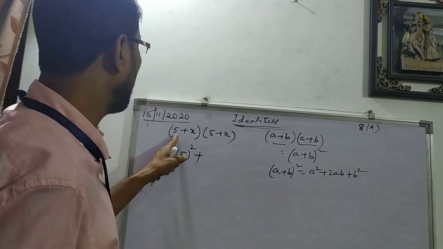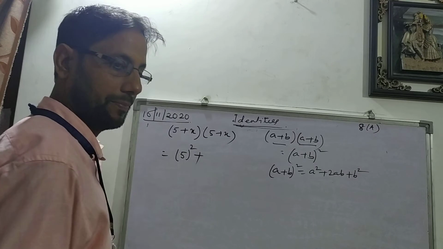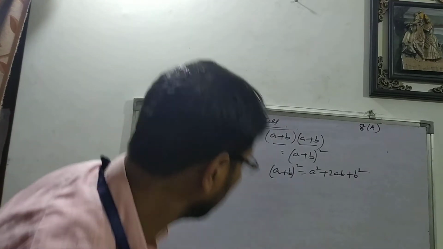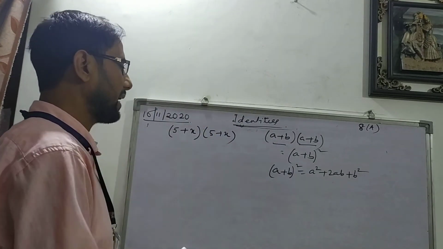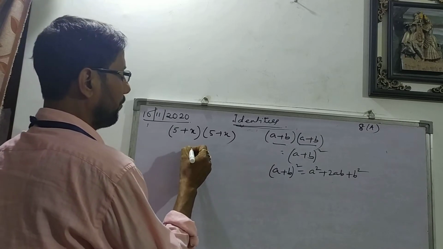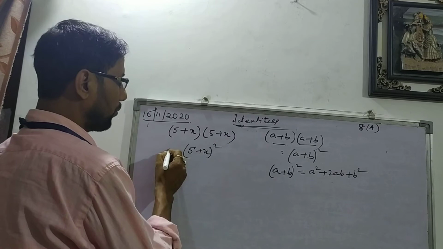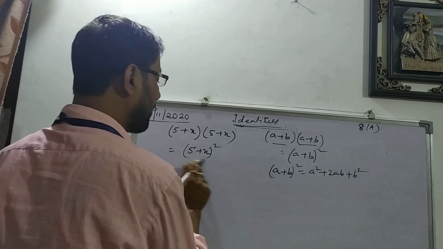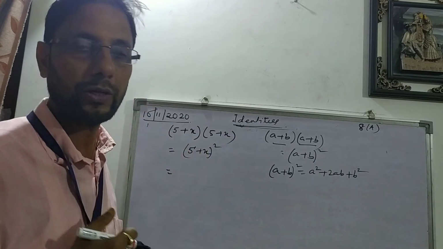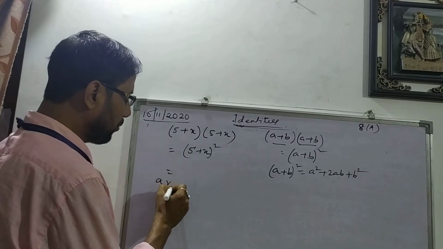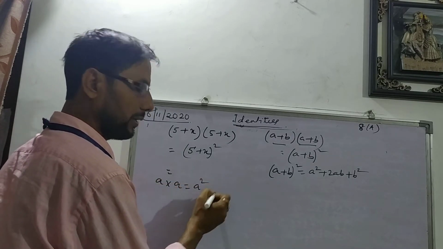So now 5 plus x into 5 plus x. How will you write? First I will write like this. 5 plus x into 5 plus x, I will write 5 plus x whole square. Now why am I writing whole square? You might have questions. Why is it whole square? Now if I ask you, a into a how much? A square.